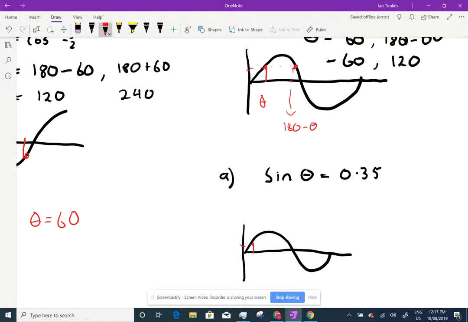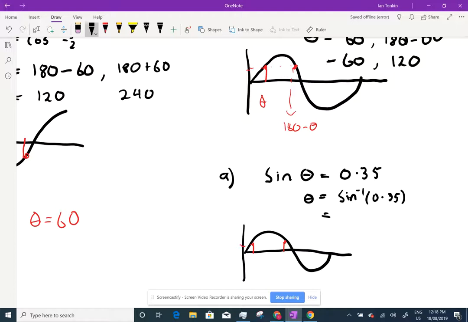So I'm going to get an angle there, and an angle here, and that's at 180 minus. So if I find the acute angle, to do that I actually have to have my calculator in degrees, and I inverse sine it, and that's going to give me an acute angle. So I go shift sine 0.35.